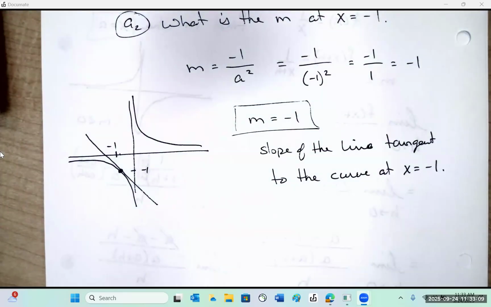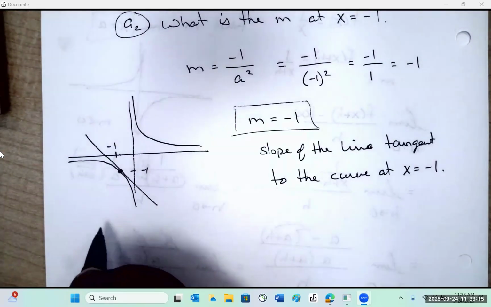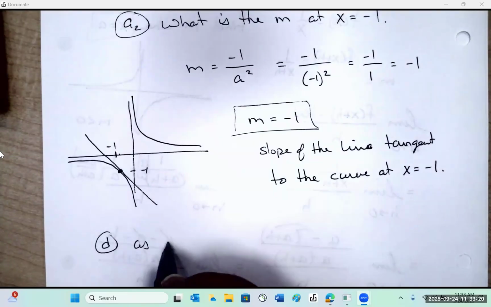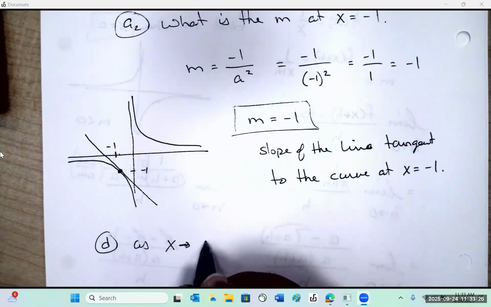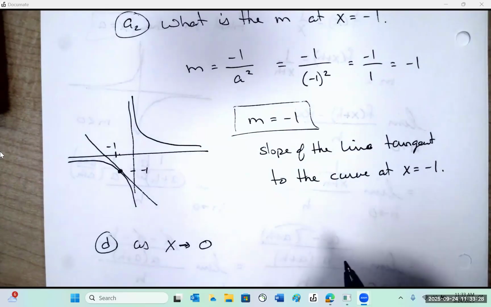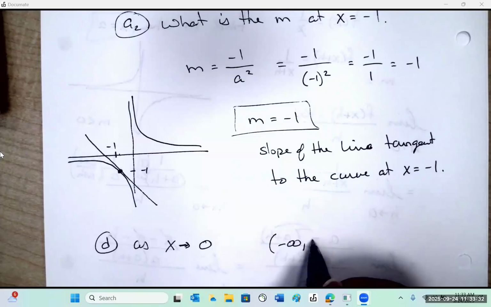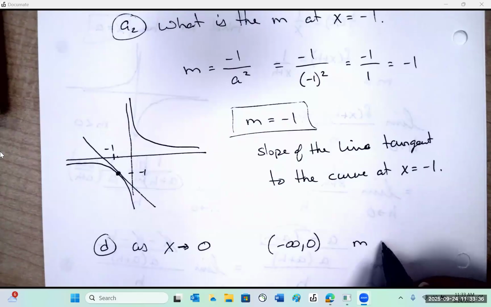So as x changes, this is part D. As x increases, on the interval, the slope increases.